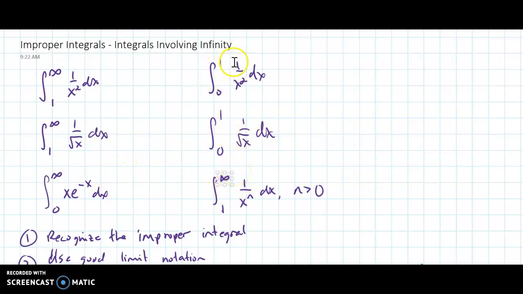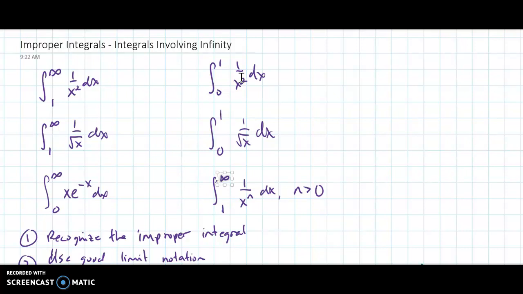Then, with these guys, it's not quite as clear that they involve infinities, but they do. Notice these bounds, 0 and 1, those x values. If I plug the 0 into this equation right here, I get 1 over 0. And remember, 1 over 0 is undefined, but it goes to infinity.